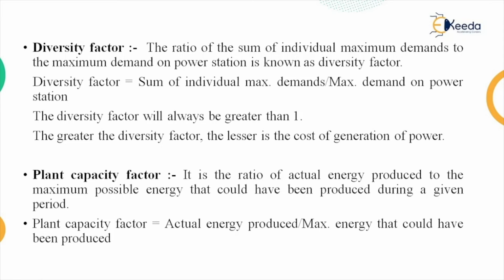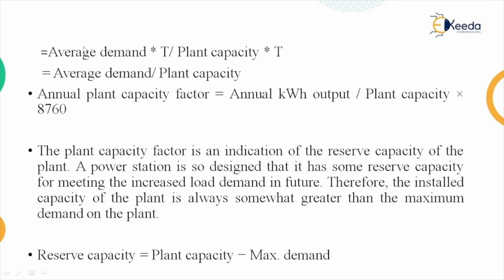So plant capacity factor is equal to actual energy produced to the maximum energy that could have been produced. So it is equal to average demand into T upon plant capacity into T, or average demand upon plant capacity.